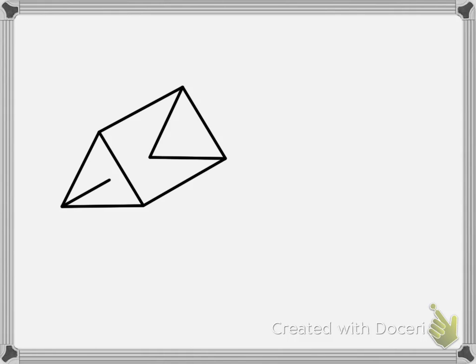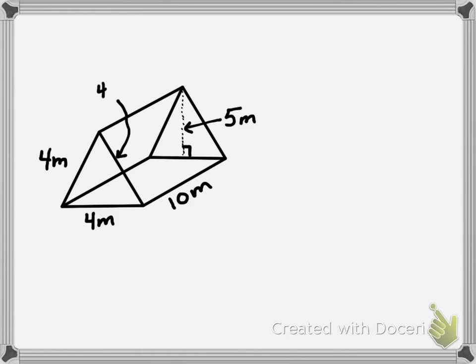So, now let's look at an example of a triangular prism. Okay, when you're doing surface area, you have to have a lot more dimensions, because you need to be able to find the area of the base as well as the perimeter of the base. But I still use the same formula. Okay, so I have the area of my base.